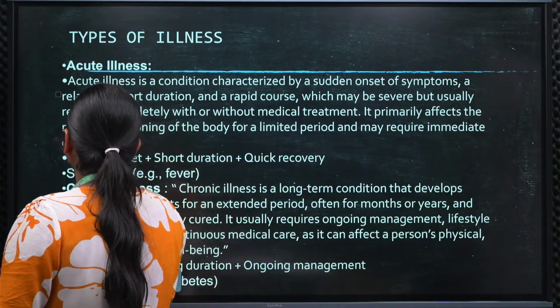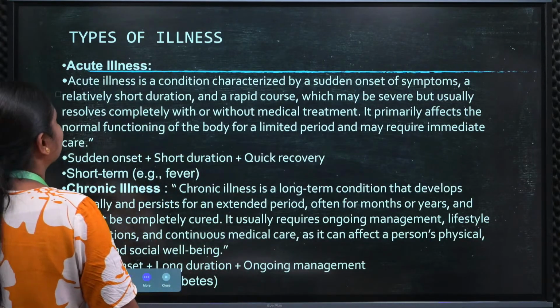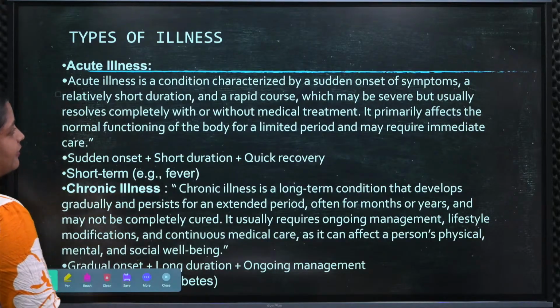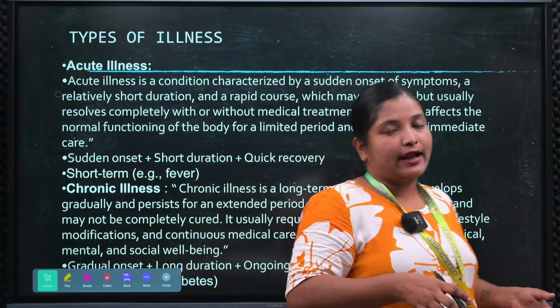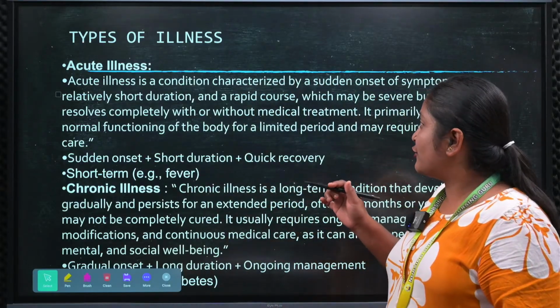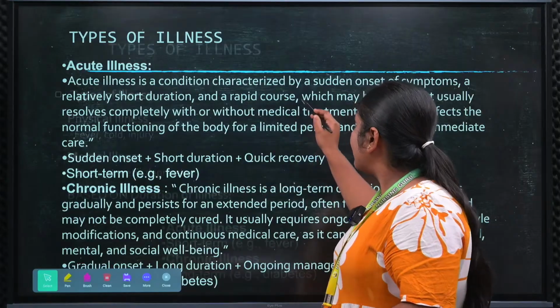So the next topic also we are going to discuss about the acute illness. Acute is a condition characterized by a sudden onset of the symptoms and a relatively short duration and rapid course.